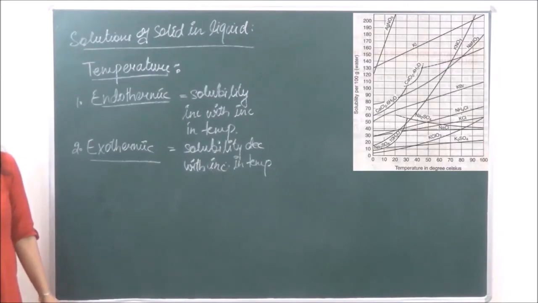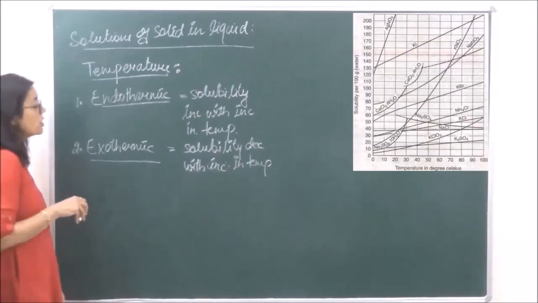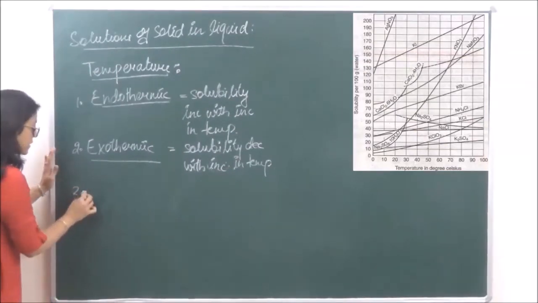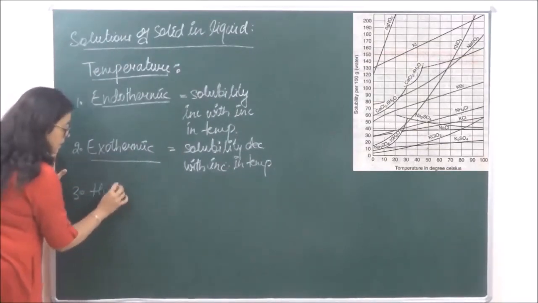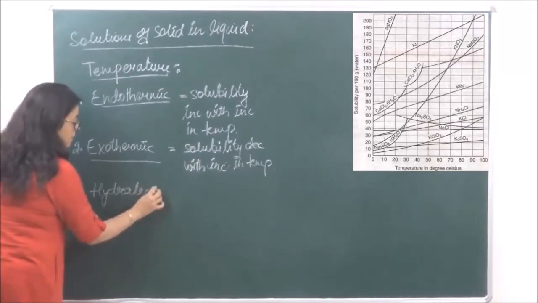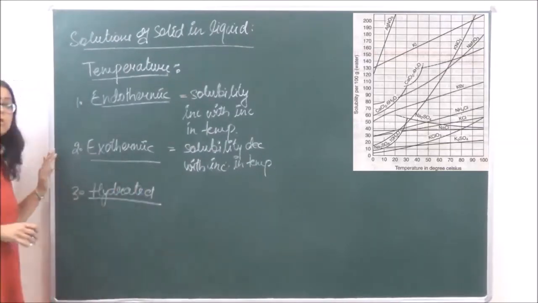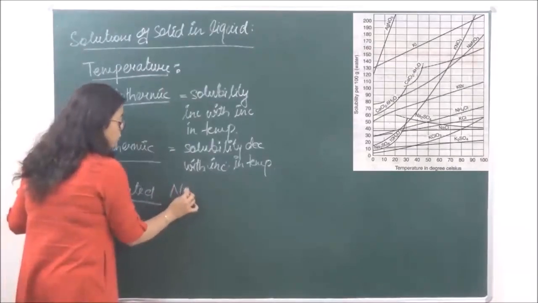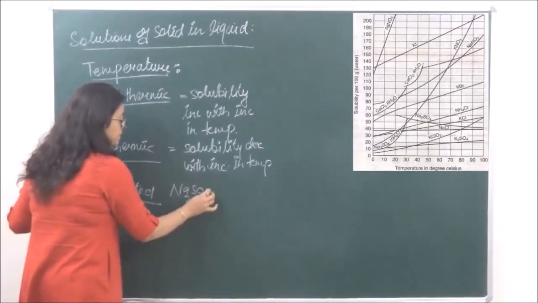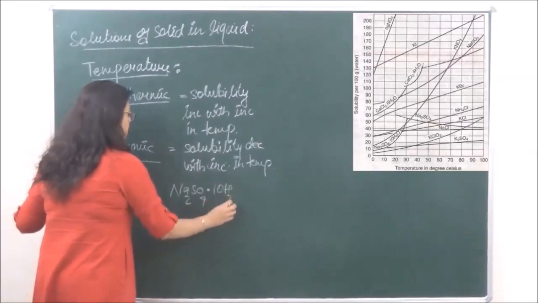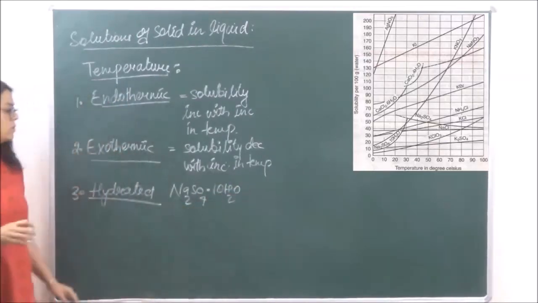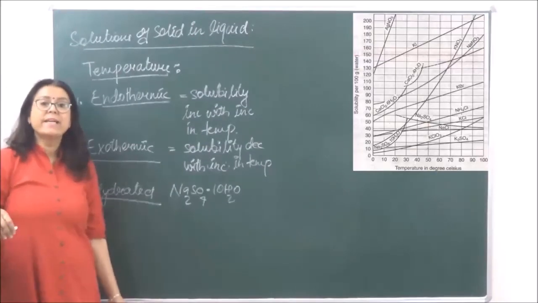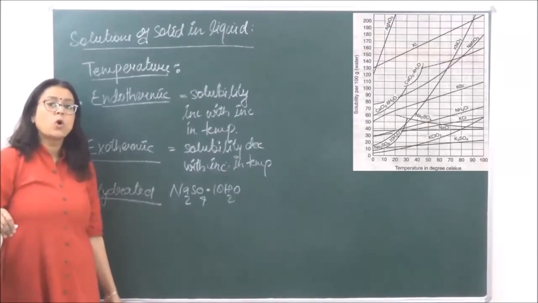Right? Then we come to certain salts which are hydrated. Hydrated salts are those which have water of crystallization, for example, sodium sulfate decahydrate, which is known as Glauber's salt.